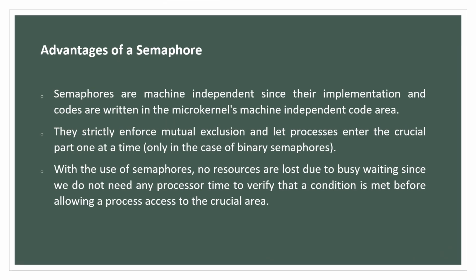Advantages of semaphores. Semaphores are machine independent, since the implementation and code are written in the kernel's machine-independent code area. They strictly enforce mutual exclusion and let processes enter the critical part one at a time.